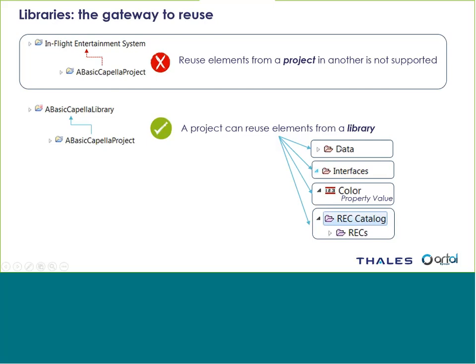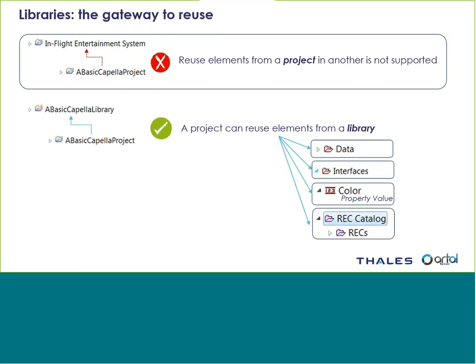And we can make a slight difference between these elements because the three first ones, the data, interface and property value, have direct references and direct links with the library that is currently in the workspace, while, as you might have understood, the rec is the original of the copy, the replica, and so theoretically, you only need the rec in your workspace when you instantiate or when you update your replica.